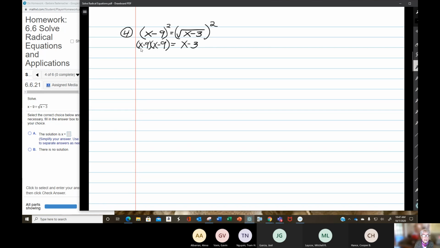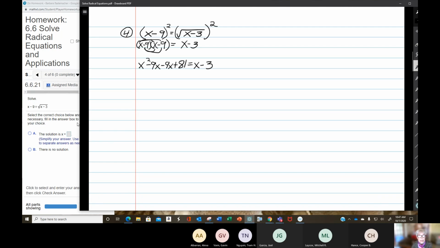So the only work is going to come from over here where I have to multiply x minus 9 times x minus 9. So the x will multiply the x and multiply the minus 9, and the minus 9 will multiply the x, and the minus 9 will multiply the x. So we will have x squared minus 9x minus 9x plus 81 equals x minus 3.